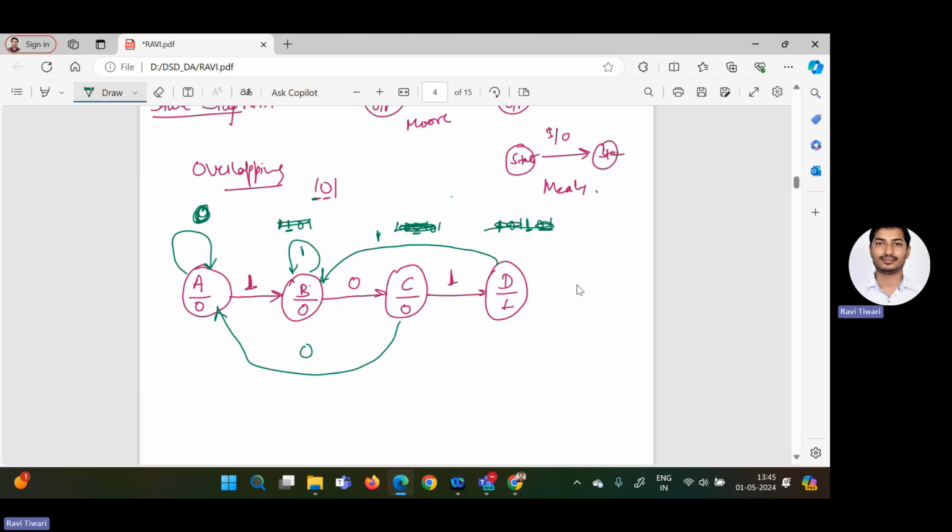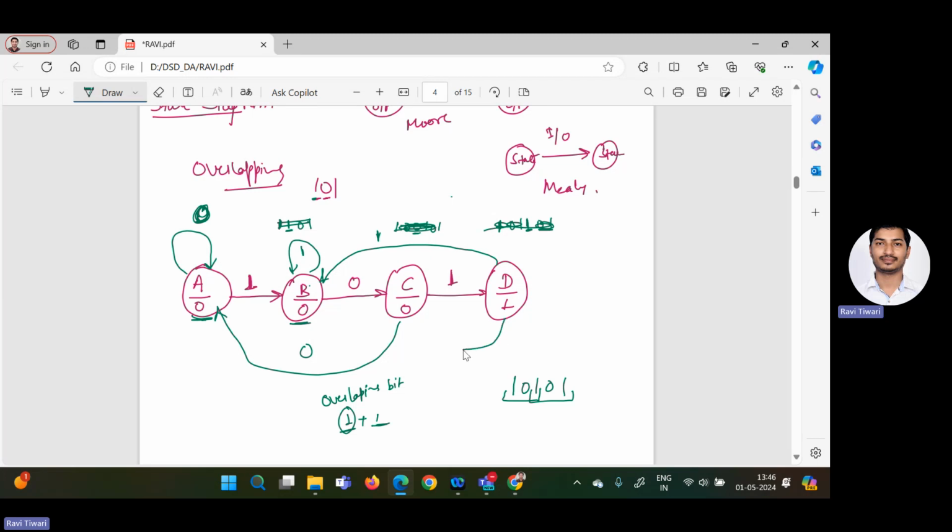But as this is an overlapping pattern, 1 0 1 0 1, that means there is a chance of a single bit overlap, right? If there is a chance of single bit overlap, that means you have to skip two states, 1 plus 1, because of the overlapping bit. So we have a single bit overlapping plus 1. So that many states you have to skip from the beginning. So we are skipping one state, two states.